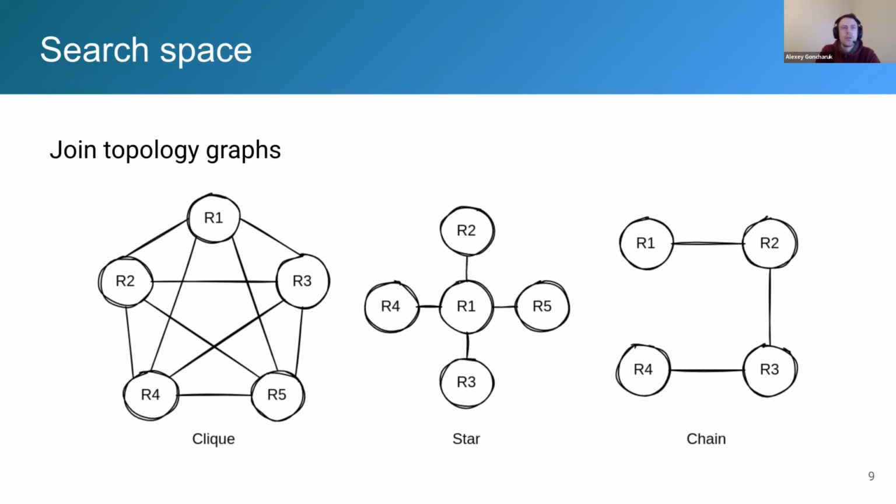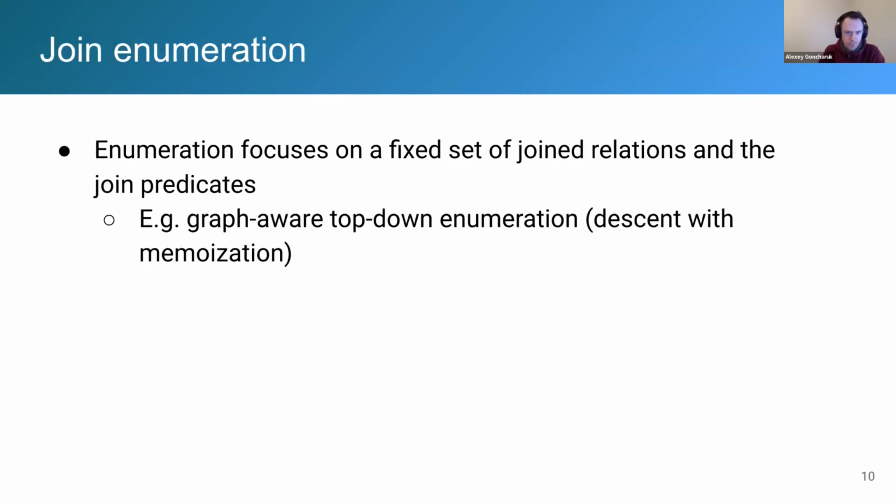The good thing about these topologies is that for them, we can precisely estimate the number of possible join orders. We can also precisely estimate the number of groups in the Apache Calcite memo, which we will use for some practical results.